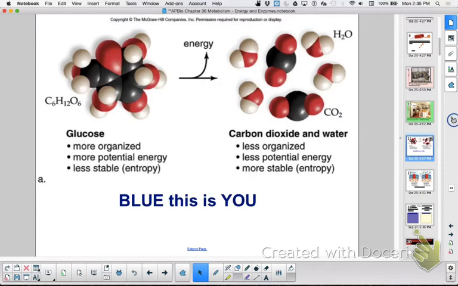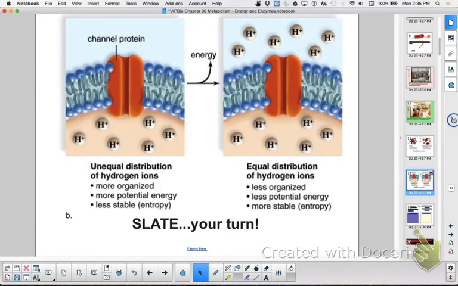And then we apply that, which we came back and visited at the end of our presentation. When you concentrate hydrogen ions on one side of a membrane, or anything on one side, could be sodium ions, could be potassium ions, that has a lot of what kind of energy?